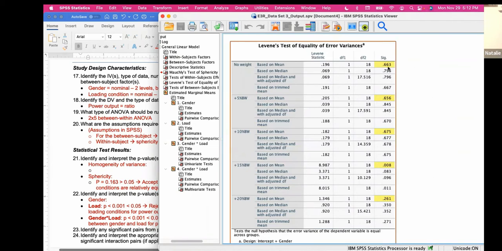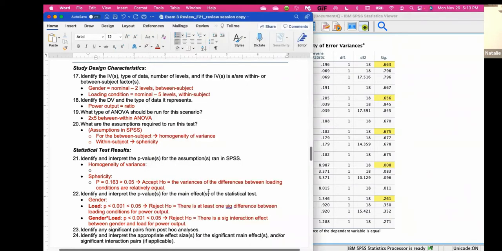And this is just saying we're looking at, are the variances equal between males and females when we just look at the no weight condition, when we just look at the 5%, 10%, 15, 20% conditions alone. So you should have 5 p-values to report for each of those.